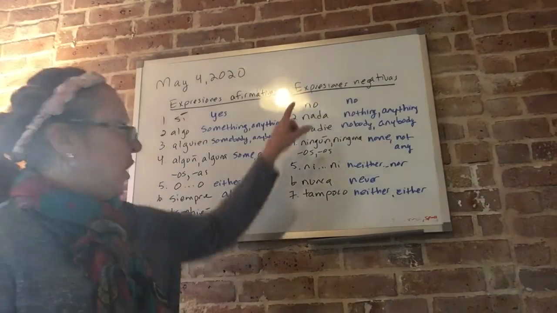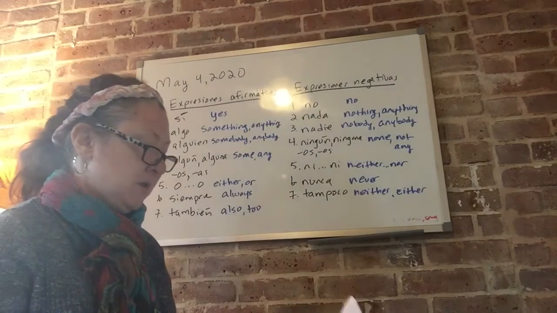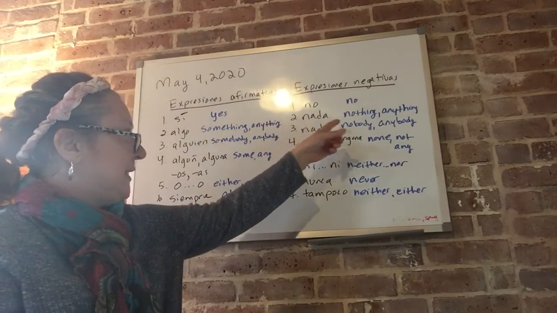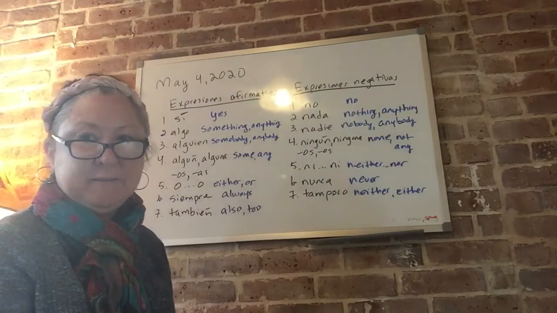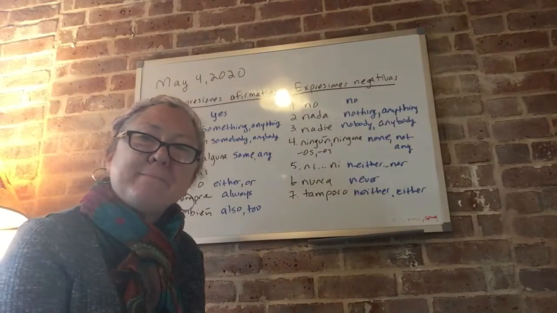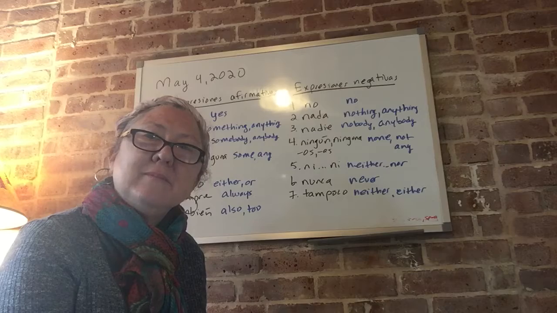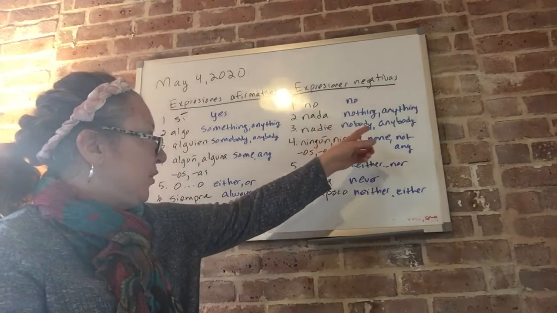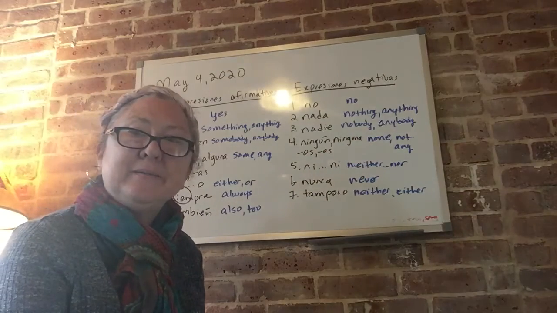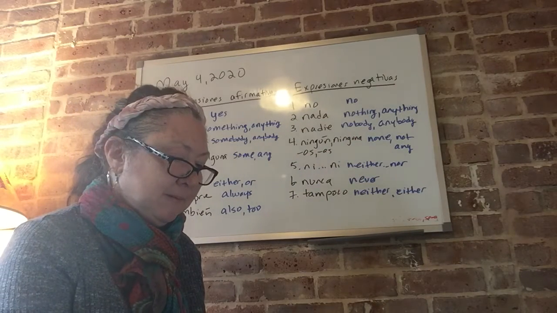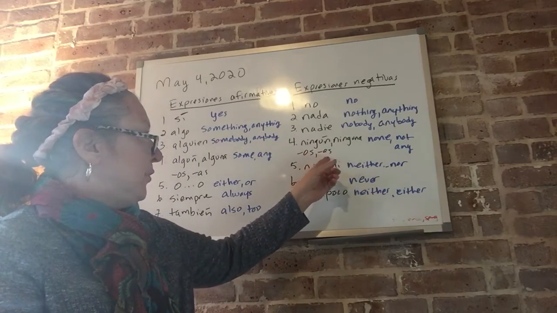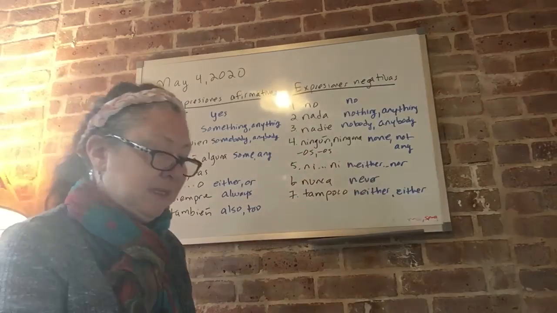Okay, so we have no means no. Nada means nothing or anything. Nadie means nobody or anybody. Ningún and ninguna, ningunos and ningunas mean none or not any.